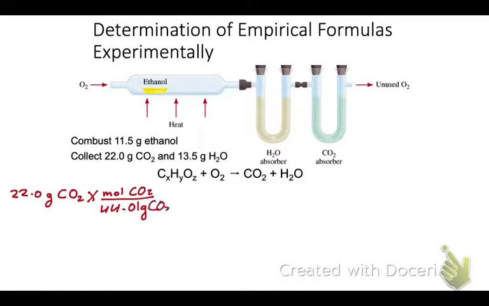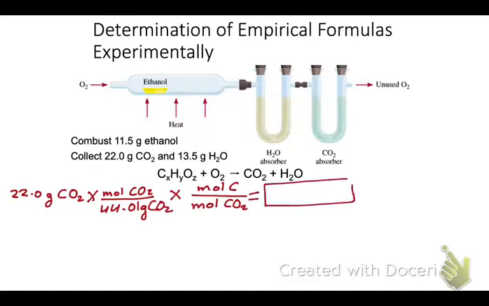Now, I can track that into carbon: there is 1 mole of carbon for every 1 mole of carbon dioxide, and that came from the formula. That's going to give me the moles of carbon, and I definitely will need it to determine the empirical formula.